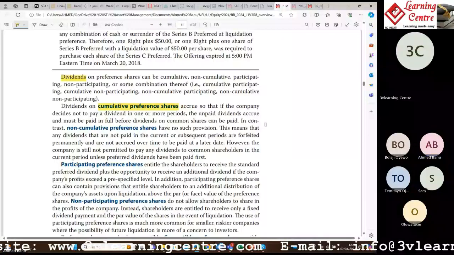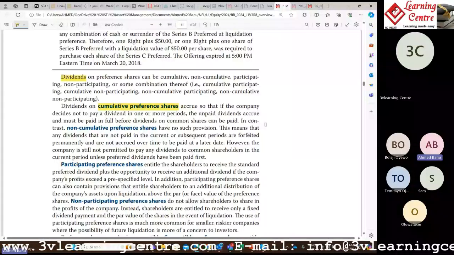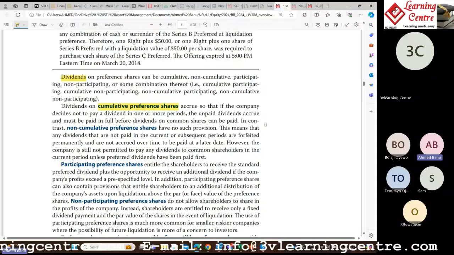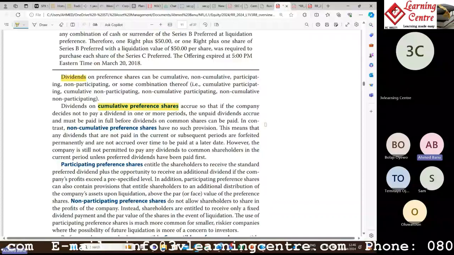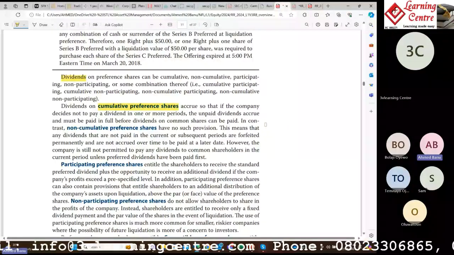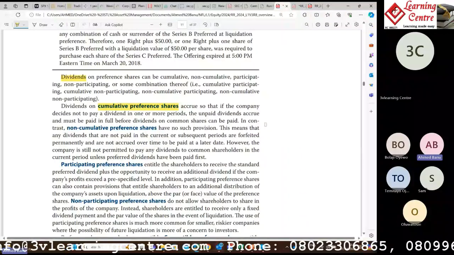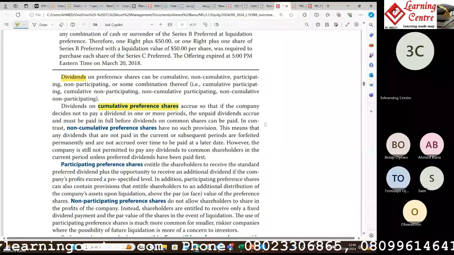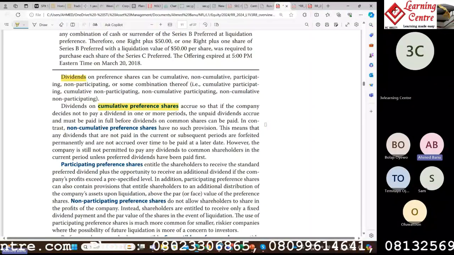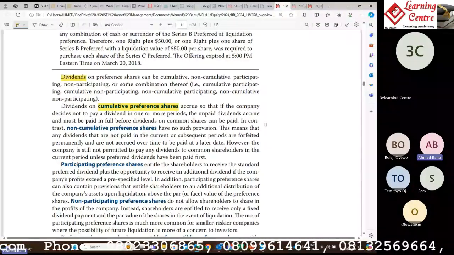In the years where the company does not pay dividends, the preference shareholder does not get dividends. However, the year the company decides to pay dividends, it must pay the arrears of dividends that it did not pay the preference shareholders before it pays ordinary shareholders.